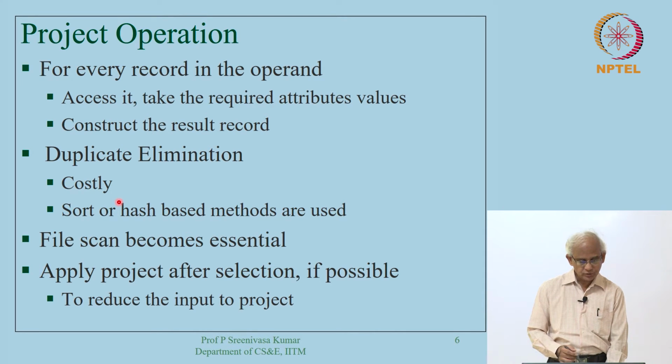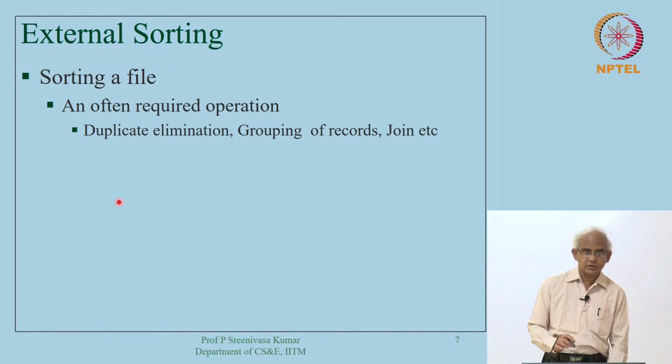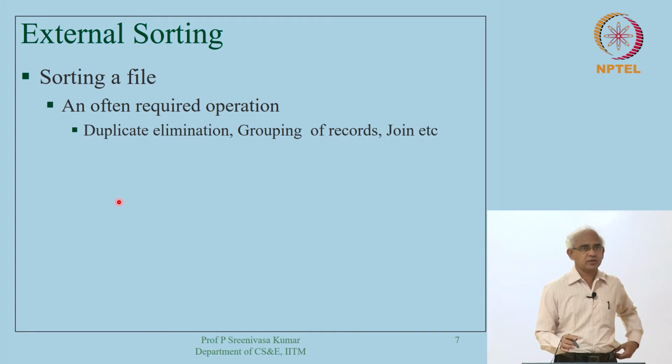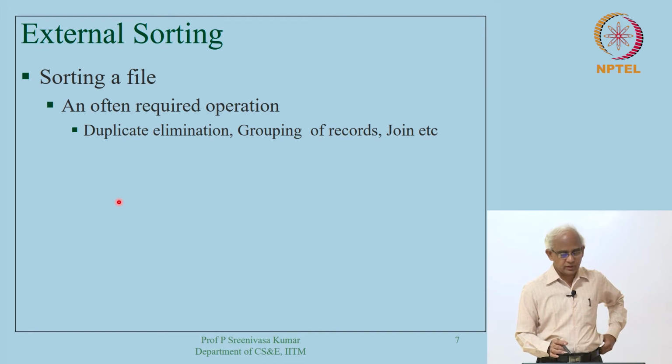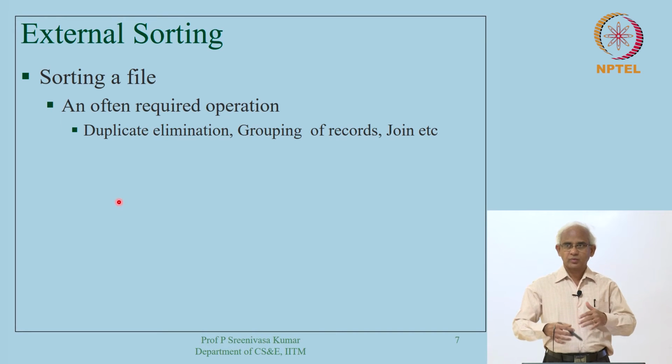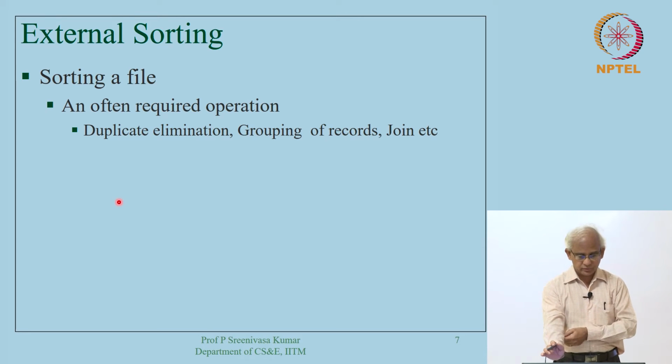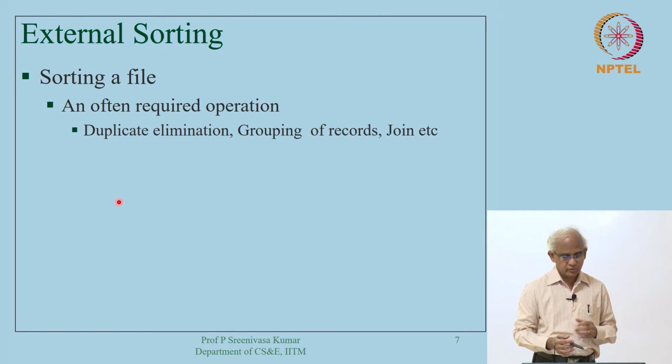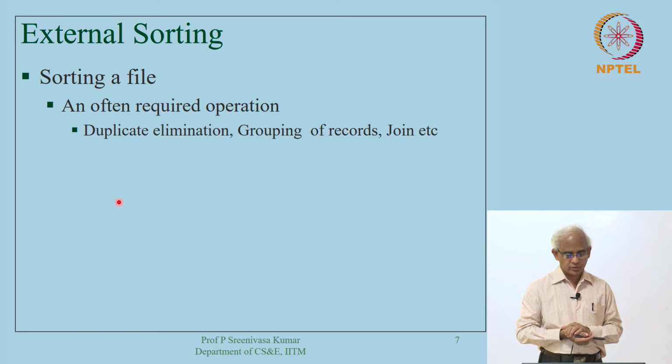Okay, so this is about selection and projection. Before we move on to joins, one has to consider sorting, because it is one of the important things required when we look at execution of queries.